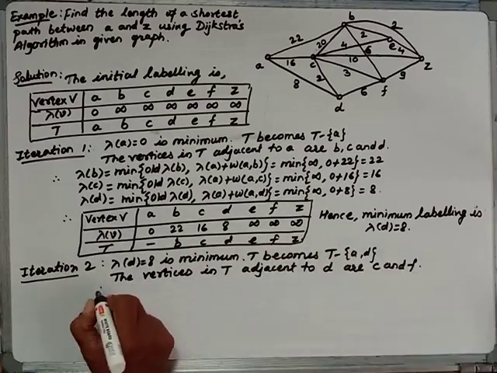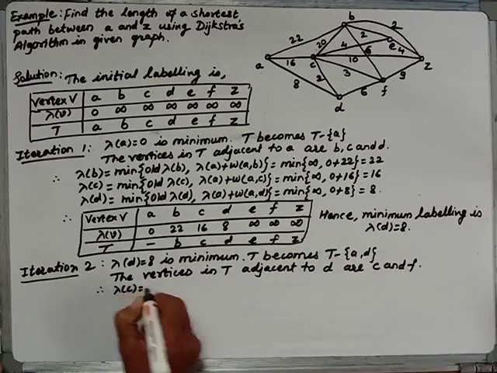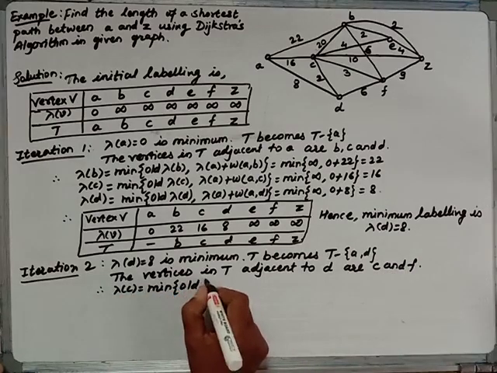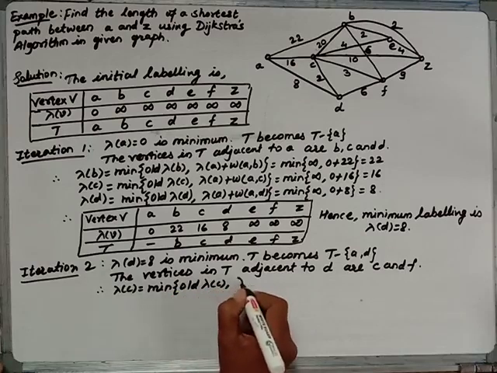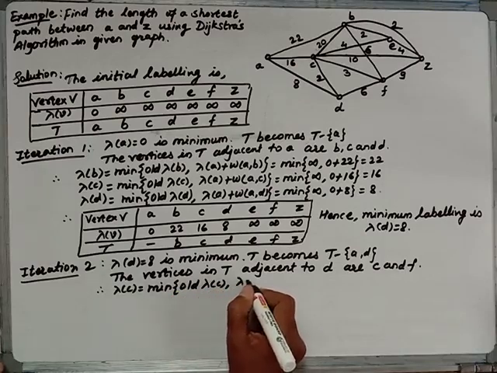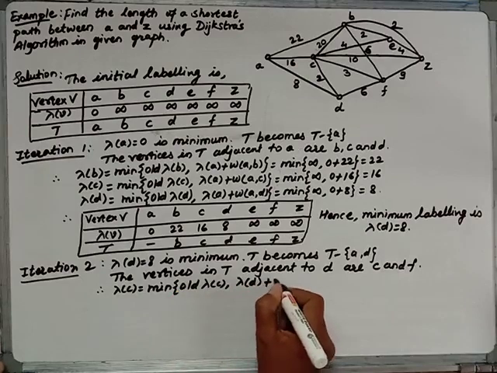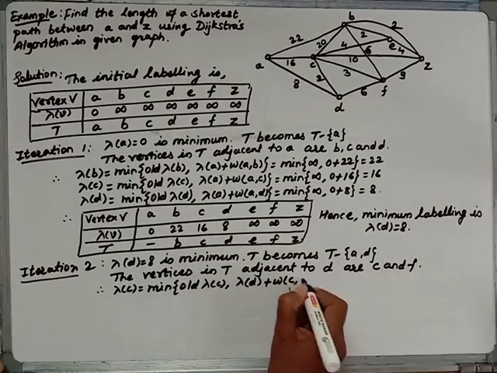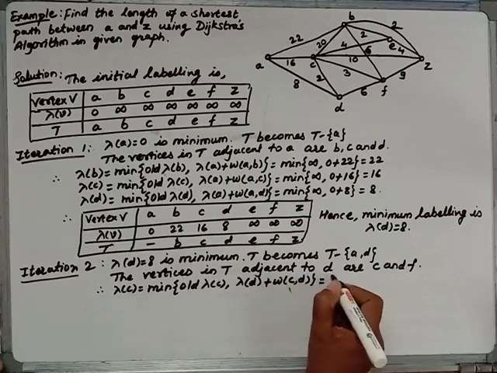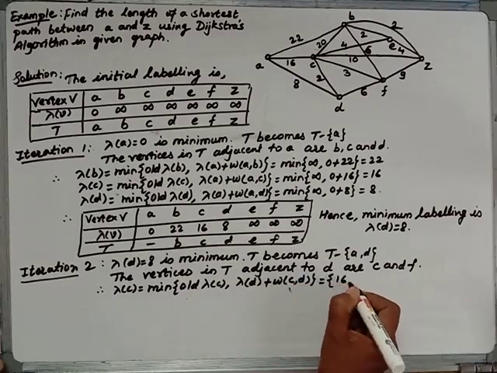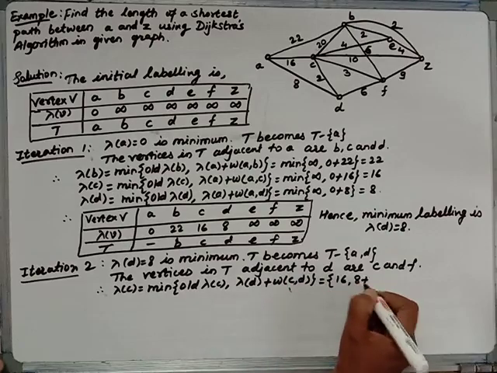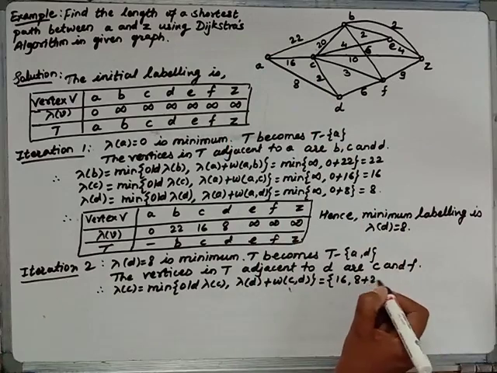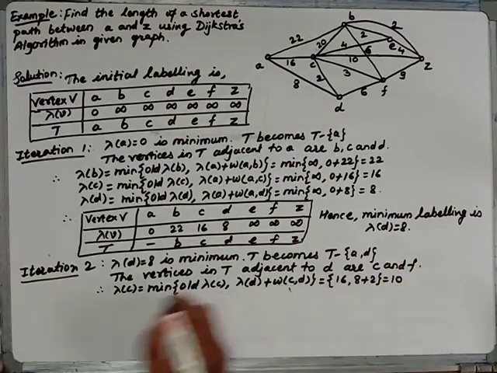Okay. Therefore, lambda of C is the minimum of old lambda of C, comma, lambda of D plus the weight of the edge from C to D. Right? So old lambda of C is 16. What is lambda of D? 8. The weight from C to D, or D to C, is 2. So what is the minimum here? 10. Right?